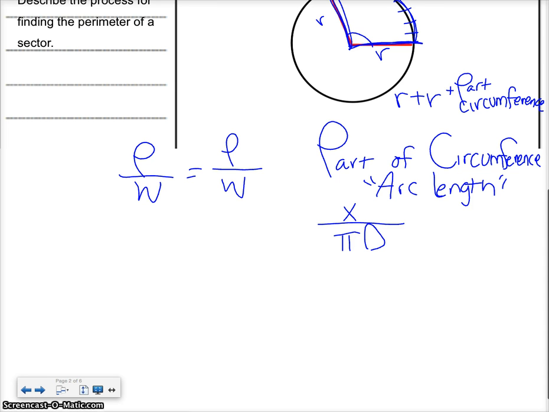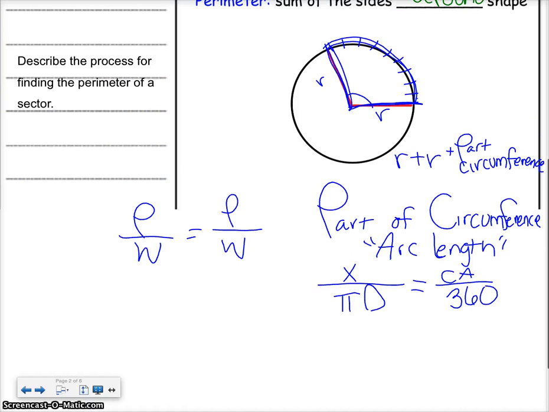Part of the circumference, which is that arc length, is to the whole circumference, pi times diameter, as part of your circle degrees, also known as your central angle, is to all of your circle degrees, 360. Part is to whole as part is to whole. That's where that's coming from. Okay? Part to whole. Again, part of the circumference is to the whole circumference, as part of the angle is to all of the angles.